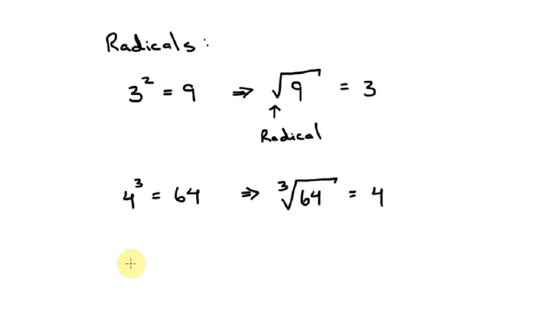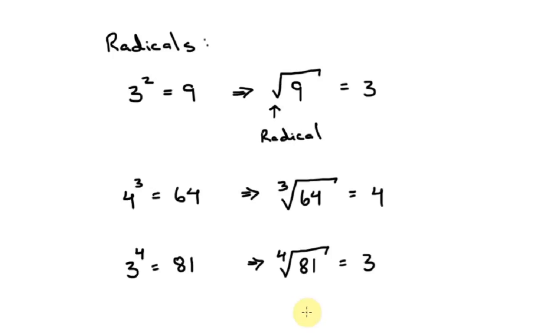Let's take something like 3 to the 4. We know that 3 times 3 times 3 times 3 is 81. And so writing that as a radical would look like this. The fourth root of 81 would equal 3. It's the same information being shown again.